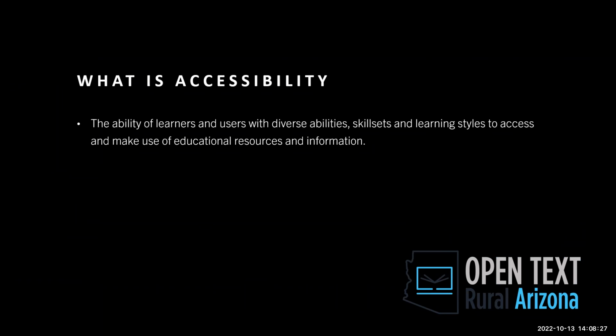What are we talking about when we talk about accessibility, or including accessibility as one of the elements of our design? And really, we're talking about the ability of learners and users who have diverse abilities, diverse skill sets, even learning styles, to access and then make use of educational resources and information, right?